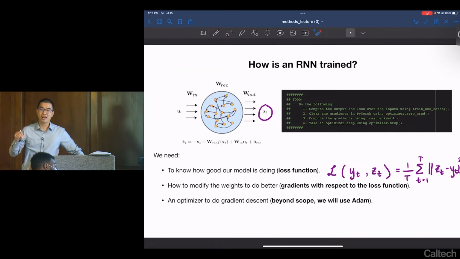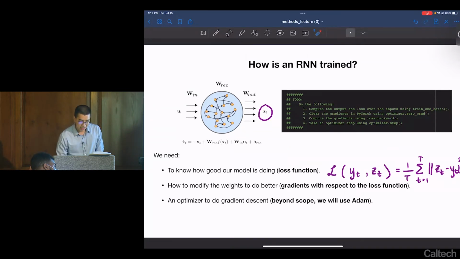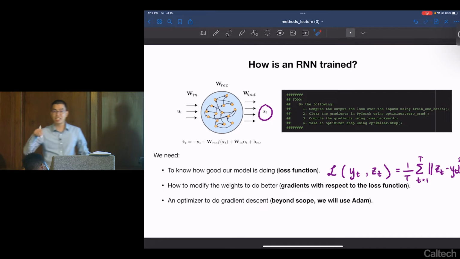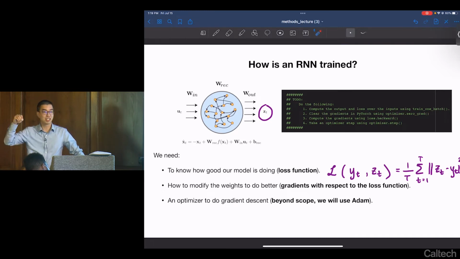After we know how to evaluate our model, we need to then have a learning algorithm. In this case, it's going to be something called gradient descent that can change our weights to make the loss function as small as possible, or to make it smaller and smaller.